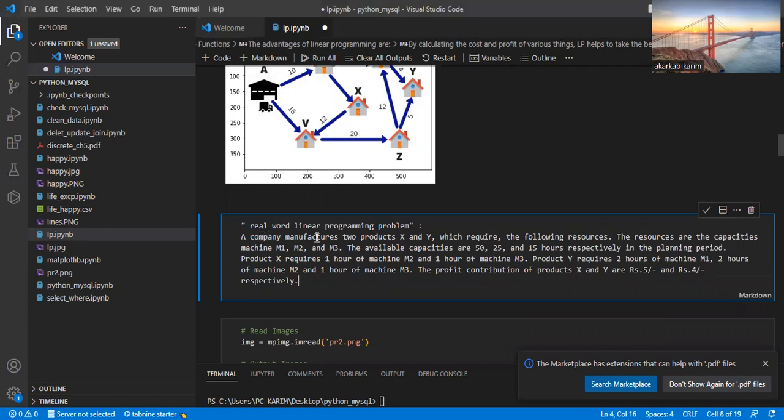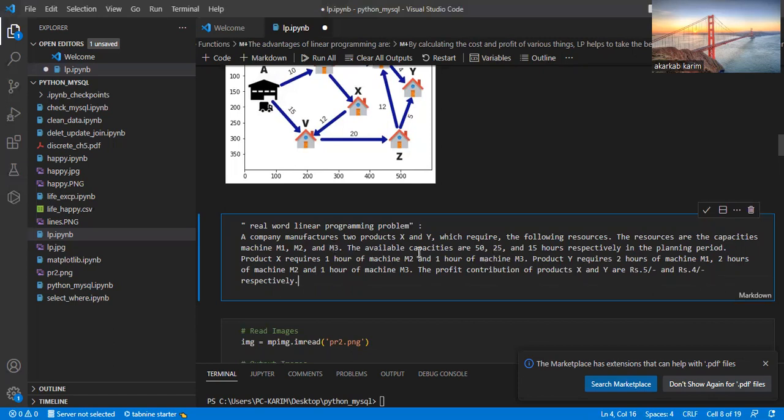We have a company to manufacture two products, X and Y, which require the following resources. The resources are the capacities of machines M1, M2, M3. So here, the company manufactures two products X and Y with some resources. The sources are the machines M1, M2, and M3.